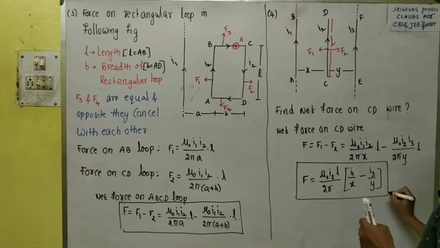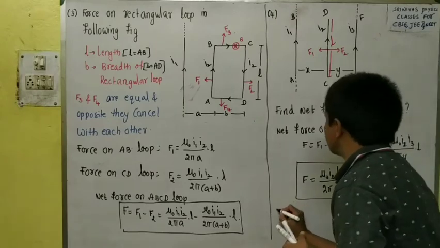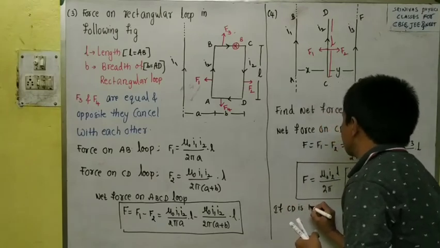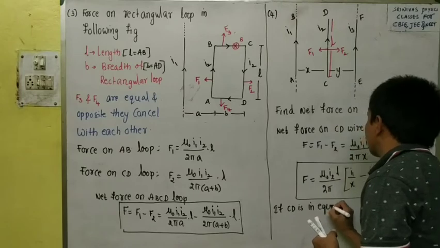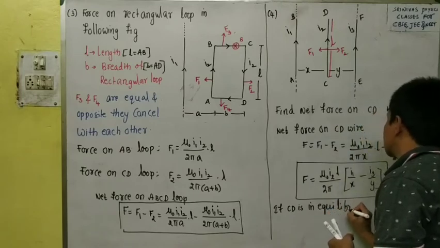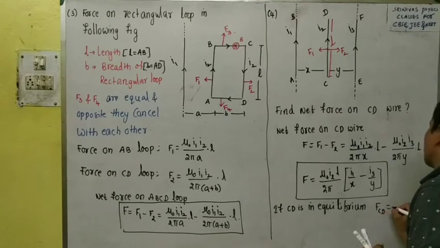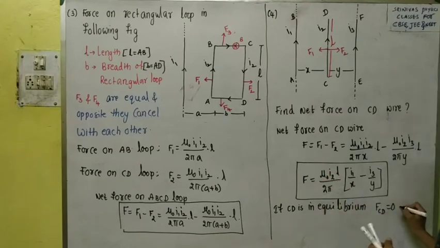From this, for example, if the net force is 0, if CD is in equilibrium, equilibrium means what? Force on CD will become 0. Force on CD being 0 means this net force F is 0. What is the condition for F?